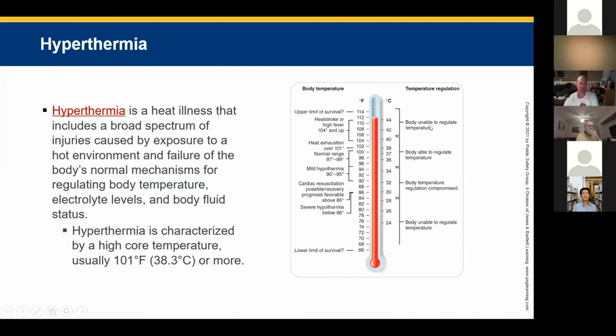It's hard to regulate. Your heart rate goes up. You start to cramp, you lose some body function, you get a little confused. With heat exhaustion, the body's able to regulate temperature, you can control that, but also get out of the environment. That will help a lot. Body temperature regulation compromised.